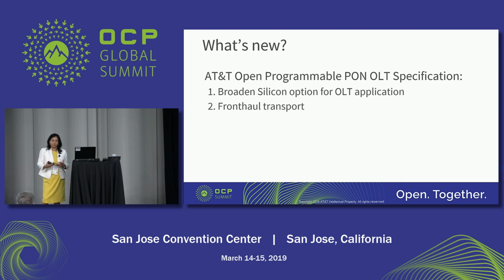But this specification will include some ASIC options as well, just to be inclusive of all the silicon. Then we'll touch upon fronthaul transport, and some questions we get about why we need this hardware to be programmable for the next generation PON. That's one of the use cases that we in AT&T see coming in the near future.